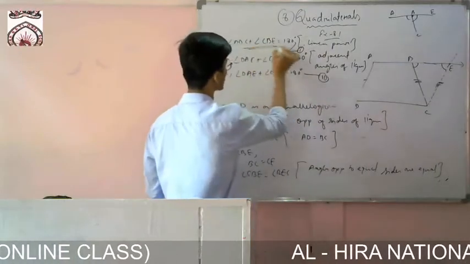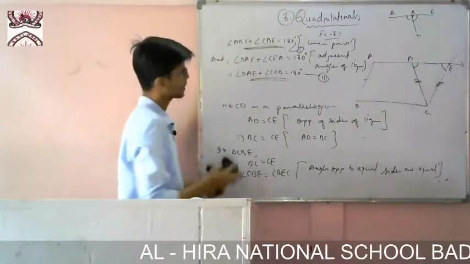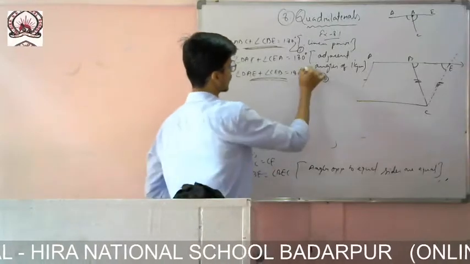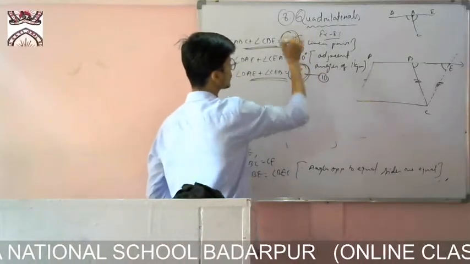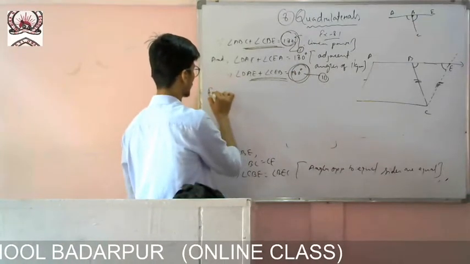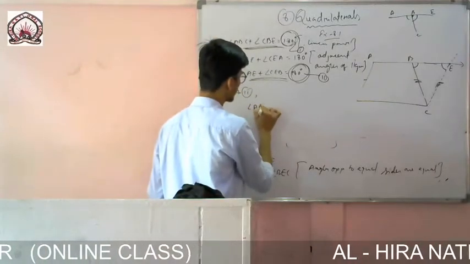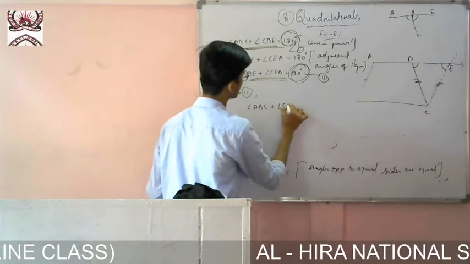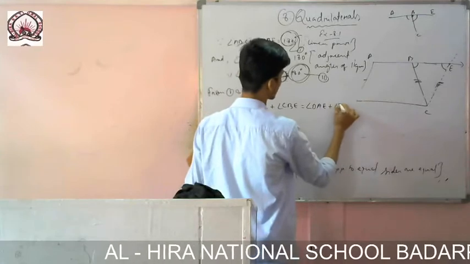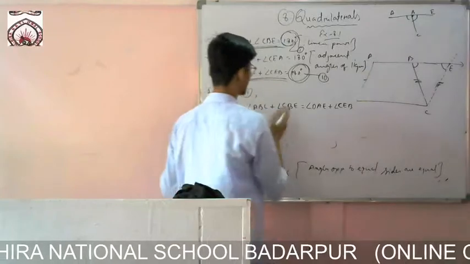So from 1 and 2 you see both of them are equal to 180 degrees. So I can write from 1 and 2, angle ABC plus angle CBE is equal to angle DAE plus angle CEB.